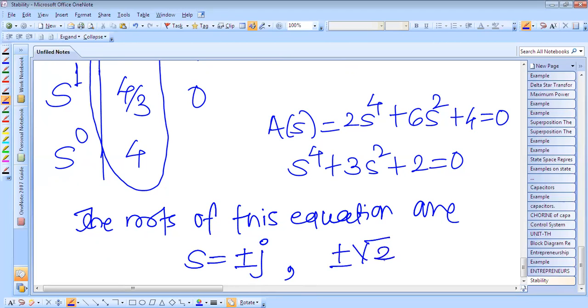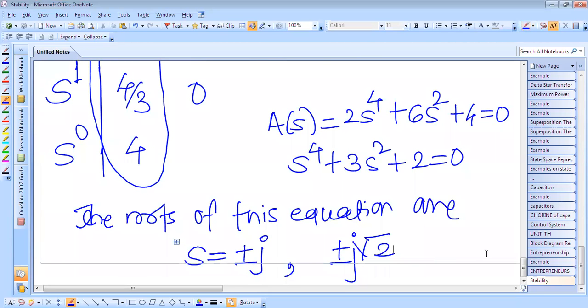Okay, means there are 4 roots lying on the imaginary axis. The 4 roots lying on the imaginary axis, hence the system is limitedly stable.